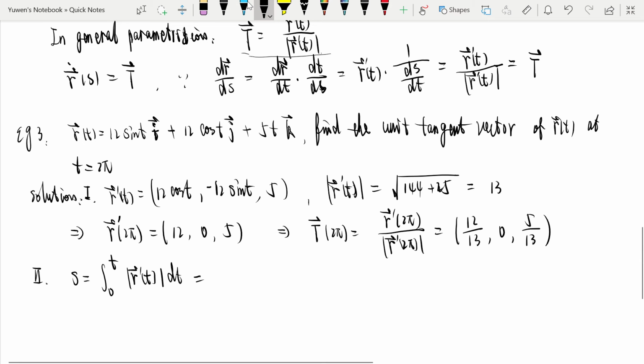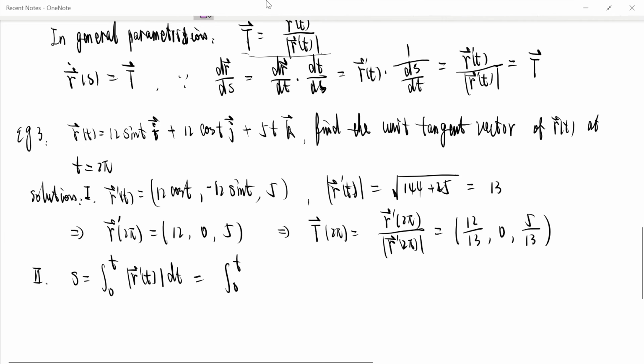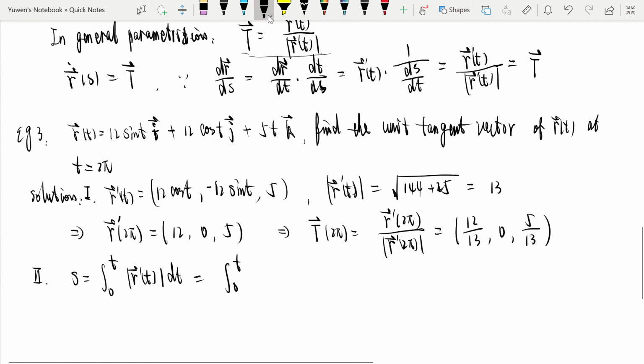So the arc length from 0 to t is the integral of 13 dt, so equals 13t. So t equals s over 13.